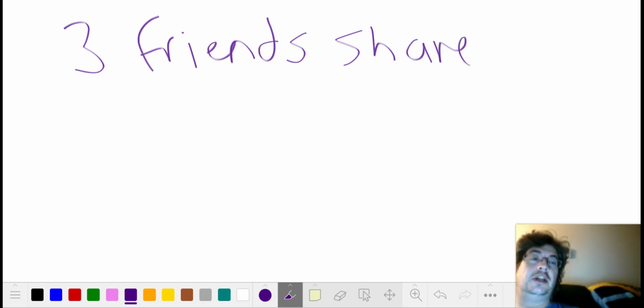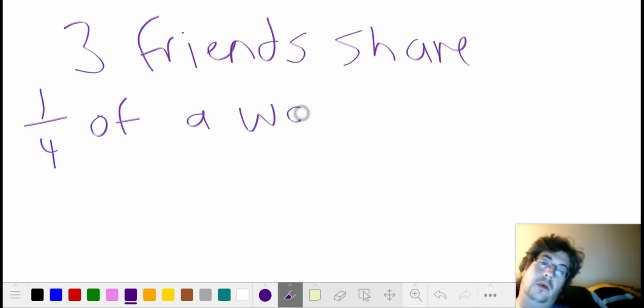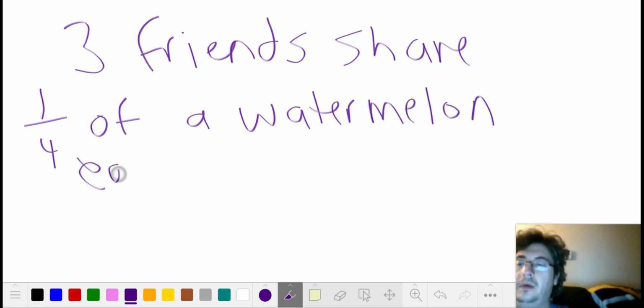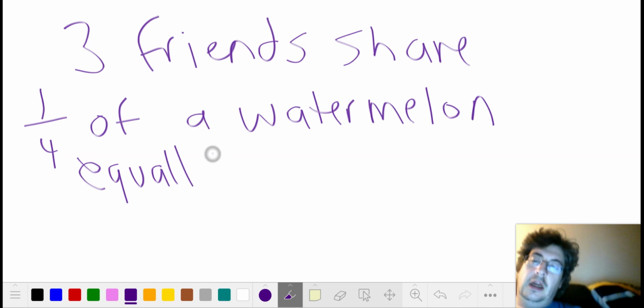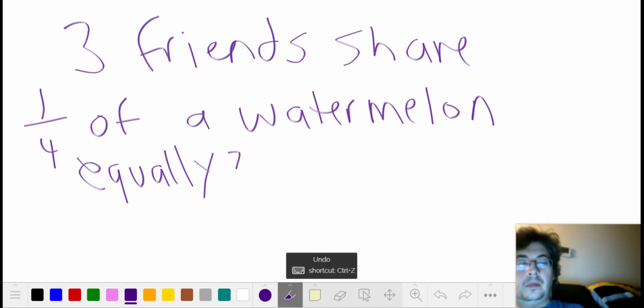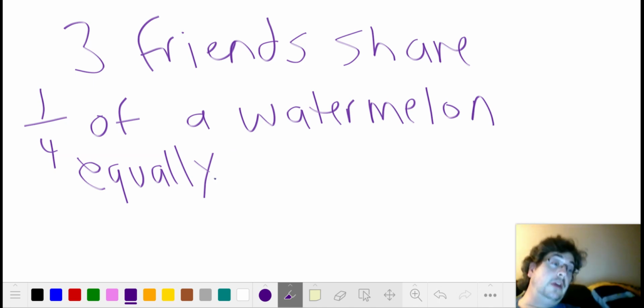So 3 friends share 1/4 of a watermelon equally. And of course, the question is, what size piece does each friend get?